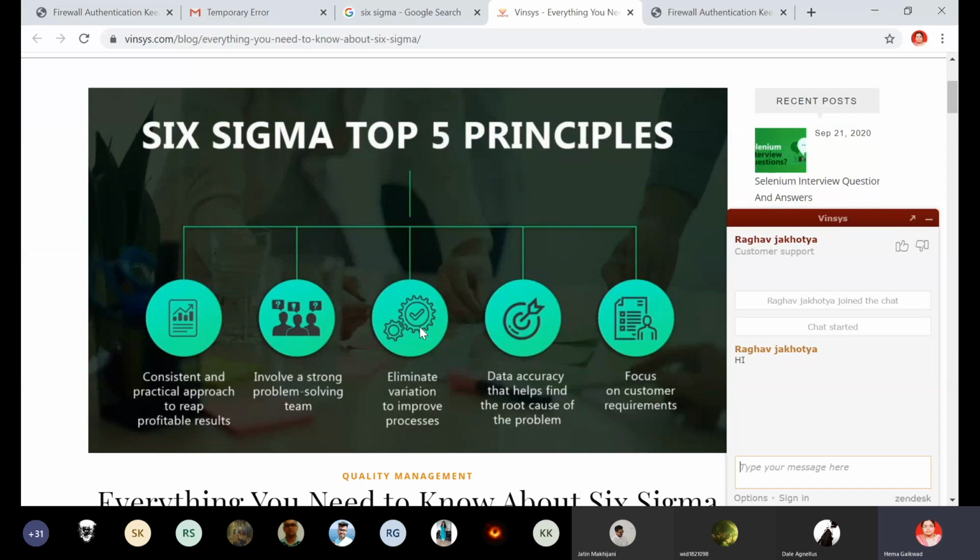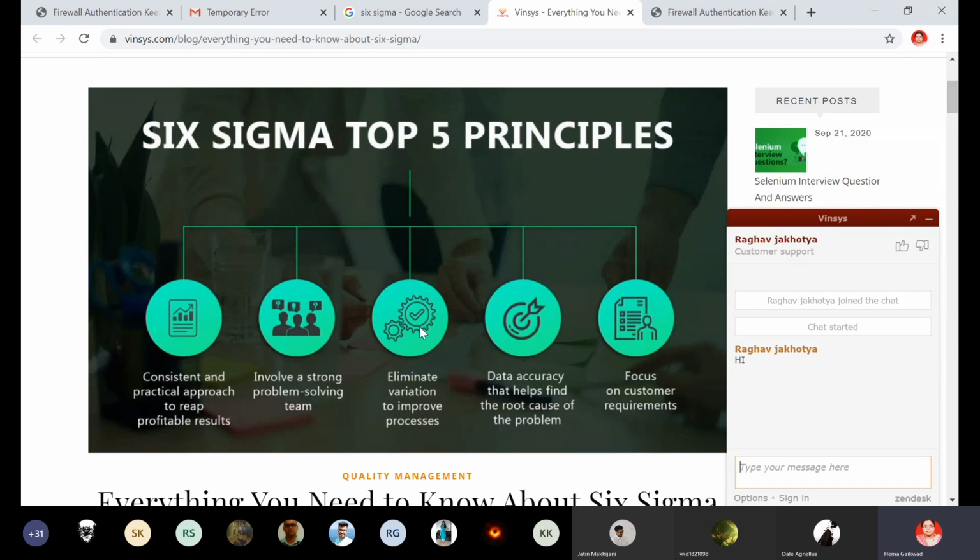Yes, they are important at this moment because, as we know, one of the principles of Six Sigma is focus on customer requirement. There is a linkage, and what is the link? Six Sigma is a quality model.